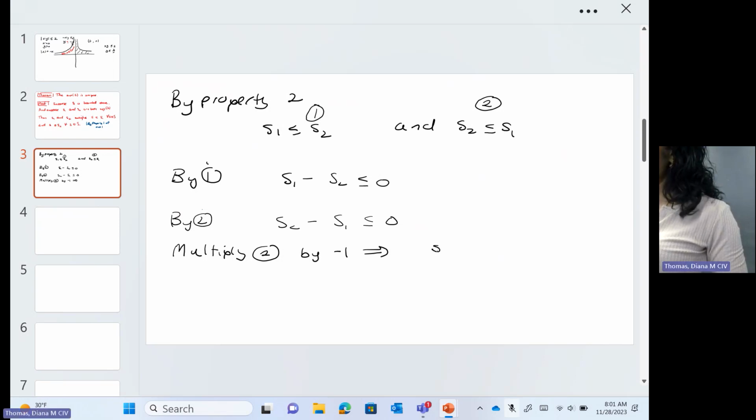I get S1 minus S2 is greater or equal to 0. So what I have now is 0 is less or equal to S1 minus S2, which is less or equal to 0.